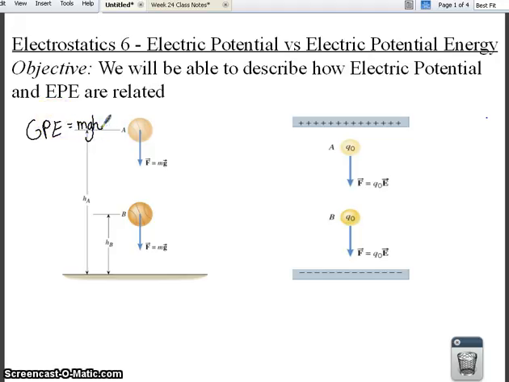We'll call it mgh of A. It also has a potential energy at height B, defined as mghb.